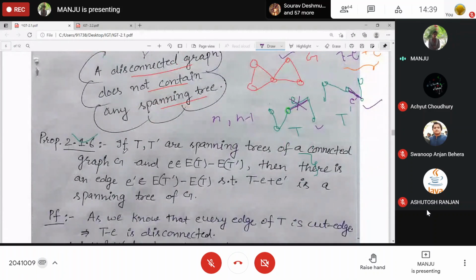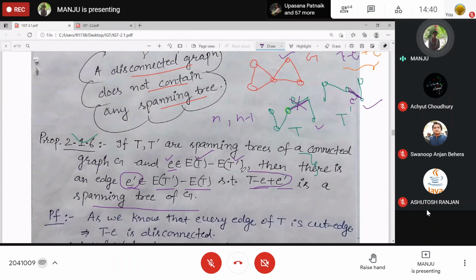Clear? Here, if T and T dash are spanning trees of a connected graph G, and the edge E we have taken from T is not present in T dash, then there exists an edge E dash that is present in T dash but not in T, such that T minus E plus E dash is a spanning tree of G. So whatever edge we have taken from T, we have subtracted it from T only and we have added the T dash edge, E dash.